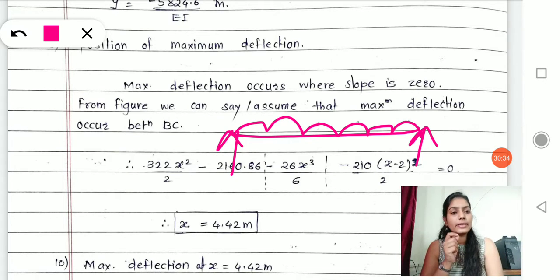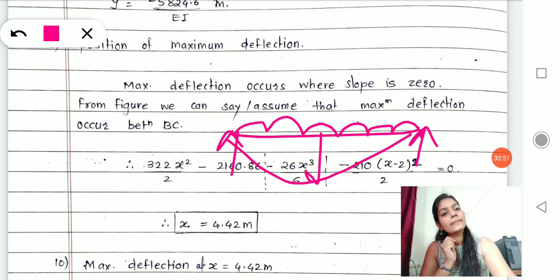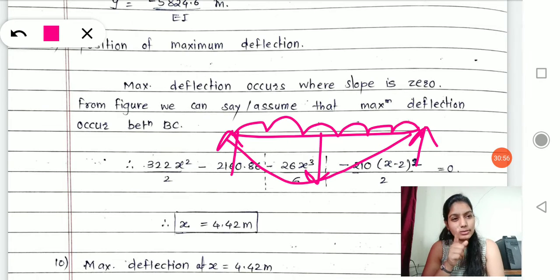If I take a simply supported beam, and the uniformly distributed load is nothing but the self weight of that beam, then it will bend at the center of it, right? It will show a maximum deflection at its center.